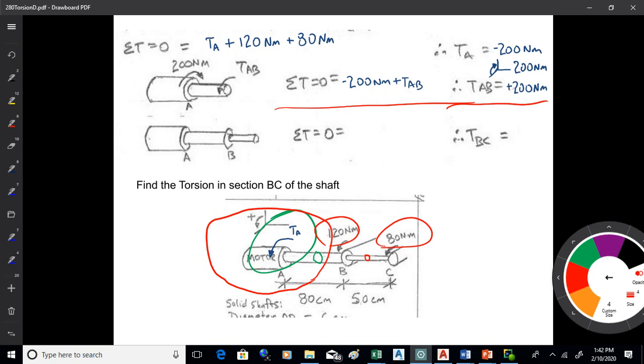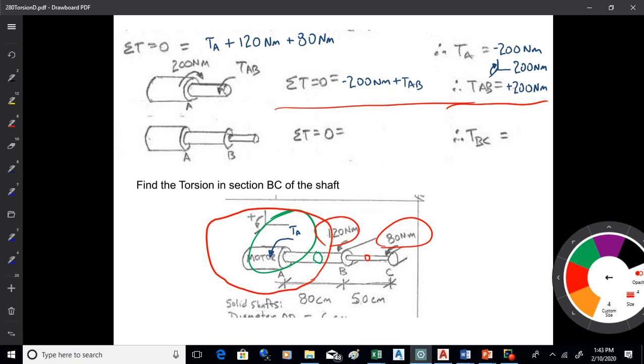What's that? Yeah, I think it's positive though. Yeah, because you take the left-hand side, it's equilibrium. So you got negative 200 and then positive 120, and then whatever the unknown is. You can see, set it equal to 0.